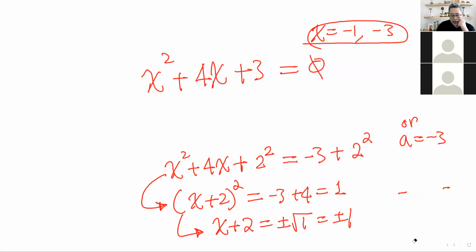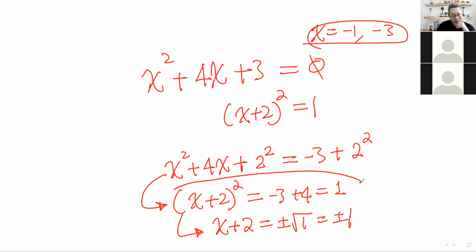Well, let's see. We know this is the case. We know x plus 2 squared is equal to 1, right? Good. From here. Are we okay there? Yep. So now if x plus 2 squared is 1, what would x plus 2 be?